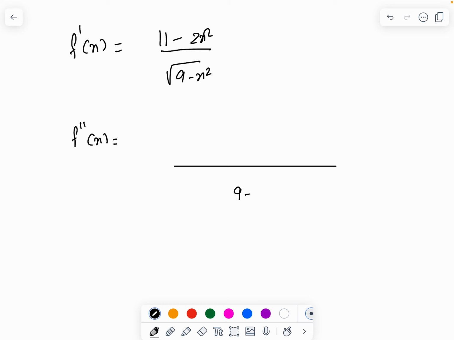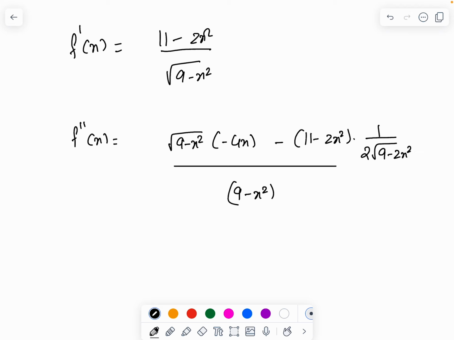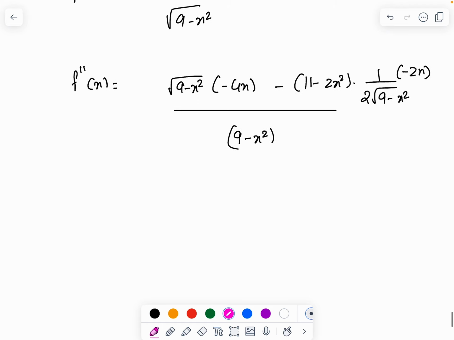Now numerator, denominator square. Denominator times the derivative of 11 minus 2x square, which is minus 4x, minus 11 minus 2x square times 1 upon 2 square root of 9 minus x square times negative 2x. So 2 and 2 get cancelled.